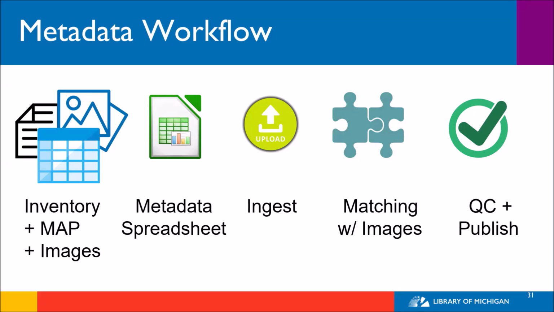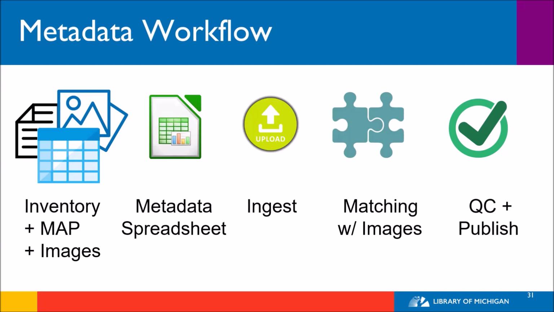And then from that, I'll create my metadata spreadsheet to match the structure of my application. I'll use the downloaded template if I have access to one. And then I'll spend many, many hours describing these amazing things. And I'll do my first quality control check when I think I'm done.